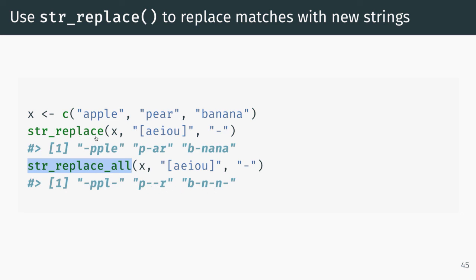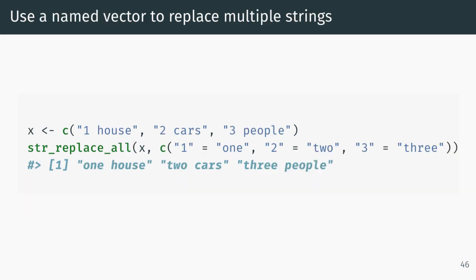So you might want to just replace the first occurrence, or you might want to replace all of them, but it's typical to have two separate functions to do that. And we can use a named vector to do this. Now, in this particular case, the order of these doesn't matter. So one house appears to be paired with 1 equals 1, but this vector could be ordered differently.